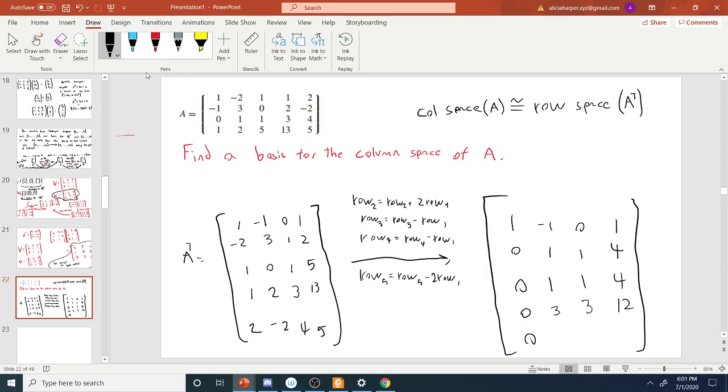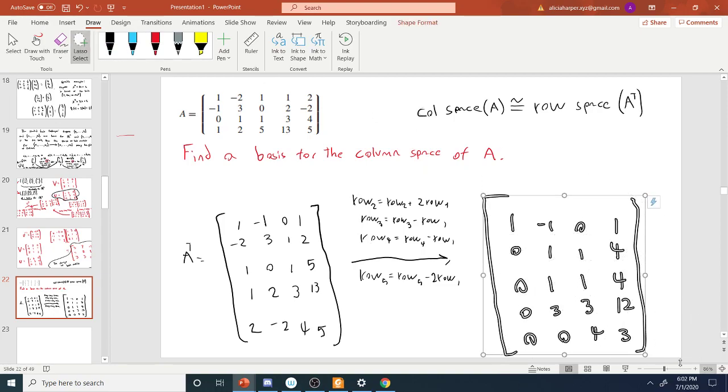And for the next one after that, I'm going to get a 0 here, a 4 here, and then a 2, a 3 here, I believe. So after doing these batch row operations, I obtain this matrix.